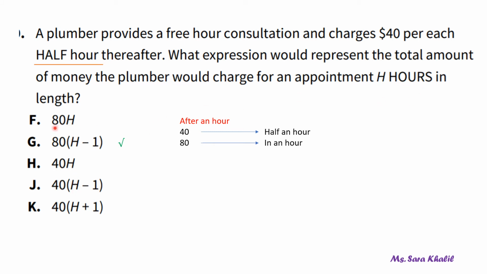So does it make sense 80 times H? So if he stayed for an hour, he would pay 80? No, because if he stayed for an hour, he would pay 0. What about this one here? If he stayed for an hour, he would pay 0. And if he stayed for 2 hours, he would pay 80 because the first hour is for free. And if he stayed for 3 hours, he would pay 80 times 2. And so on. So G makes sense.